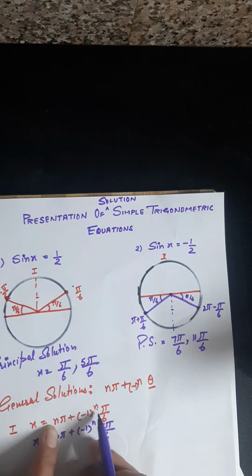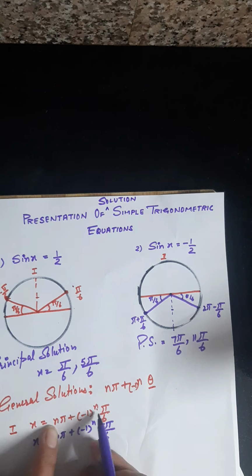Now let's focus on this. When n is 0, then your value of x is 5 pi by 6, means this position. When n is 1, it takes us to pi minus 5 pi by 6, means you have to move 5 pi by 6 backwards.